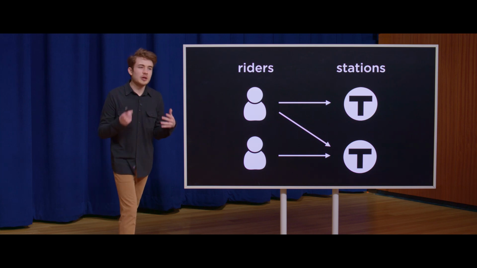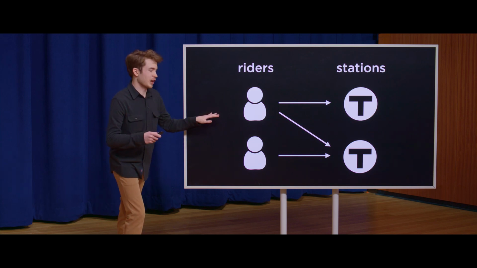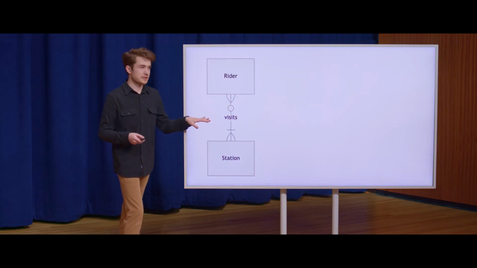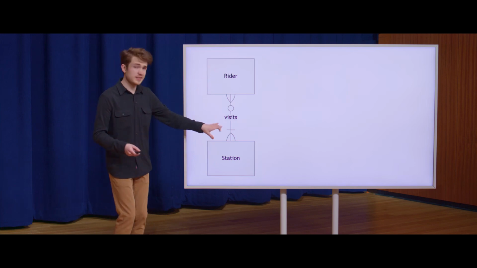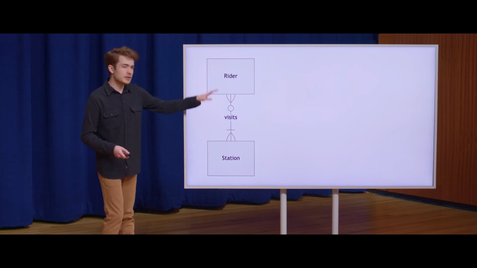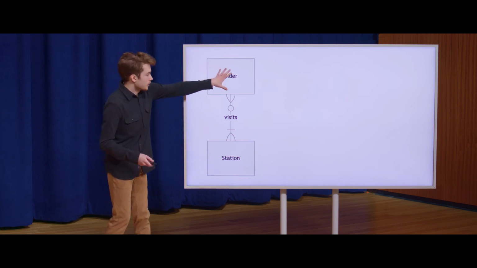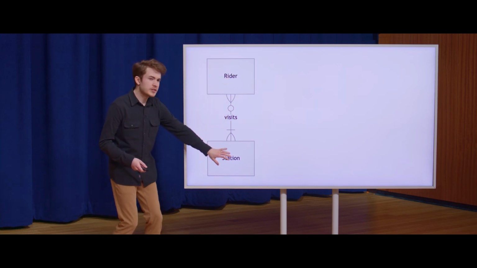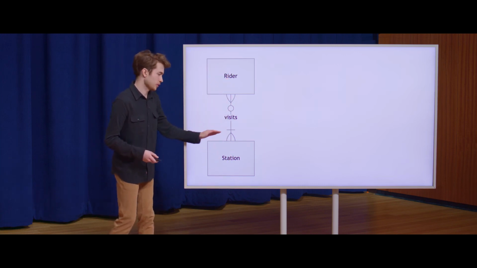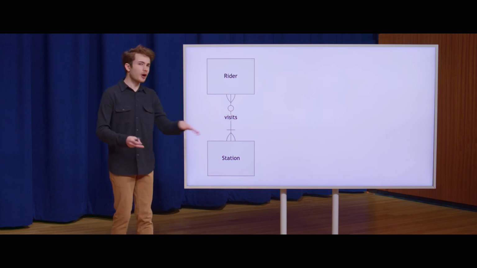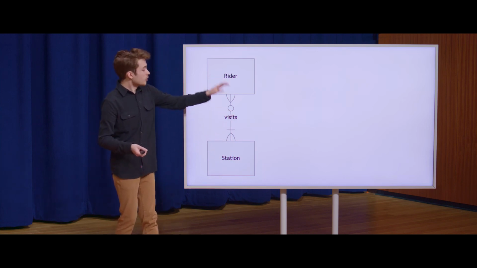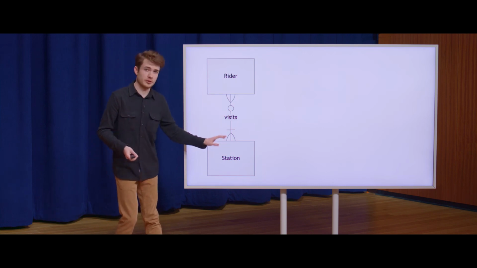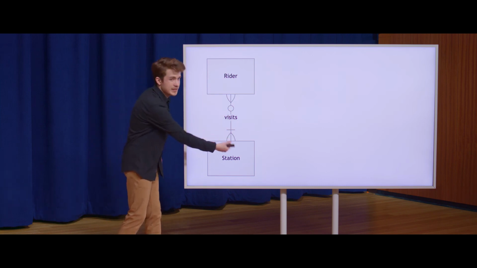So to put it in the language of our ER diagrams, our entity relation diagrams from last week, we could look at it a bit like this, where we have riders and stations. Riders visit stations, and they're associated like this. A rider must have at least one station associated with them. That's what this horizontal line means. If they aren't at a station, they aren't really a rider, right? A rider, though, could have many stations associated with them. That's what these three prongs down here mean.